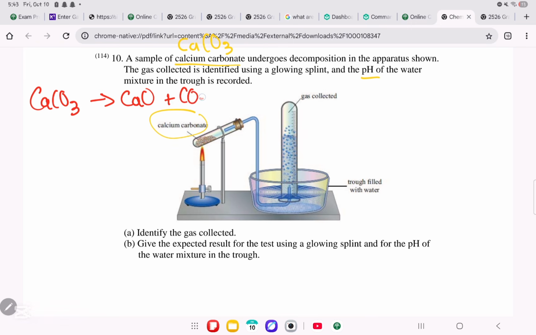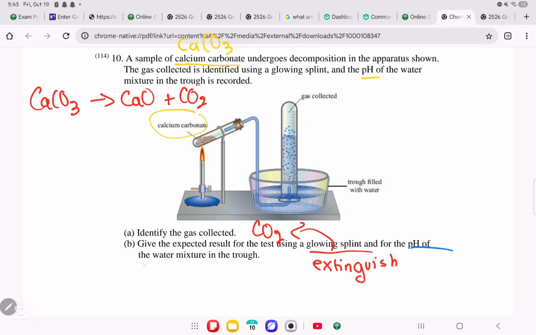So the gas collected is carbon dioxide, and for a glowing splint, carbon dioxide will extinguish the flame.